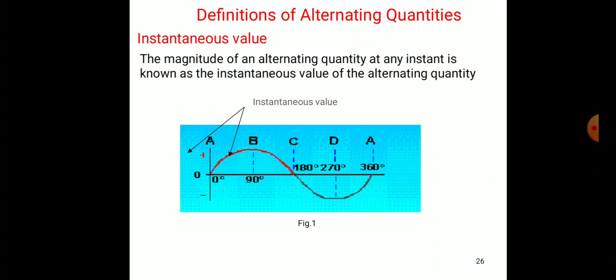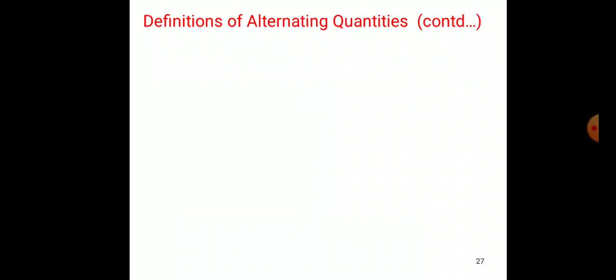If you want to know the value at a particular time, that is the instantaneous value. At any instant we can get the exact value by using an equation, which is the E.M.F equation. If you substitute a particular time, you get the magnitude and direction of the waveform at that time.